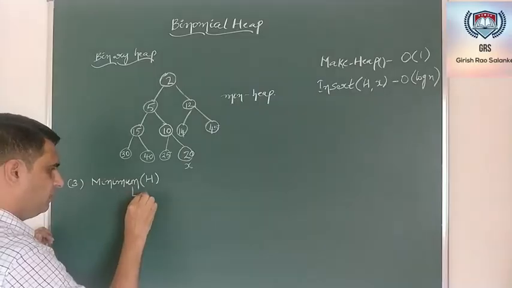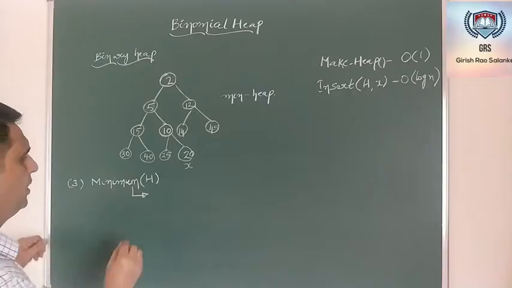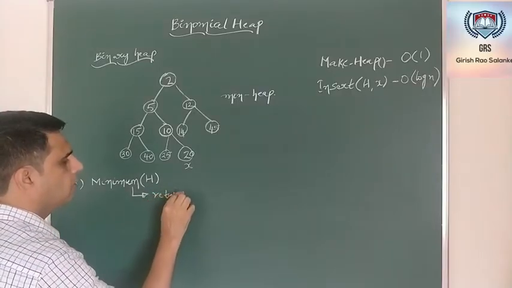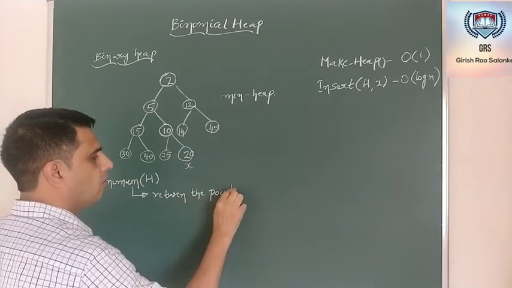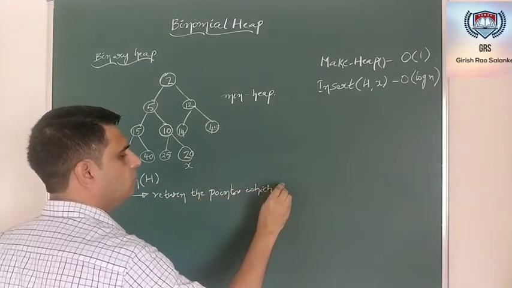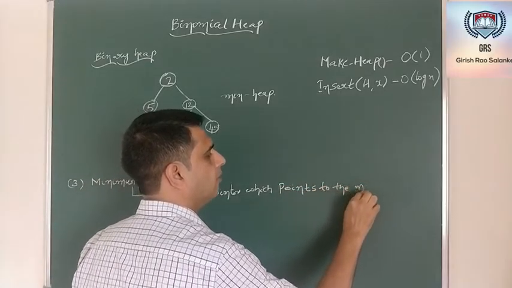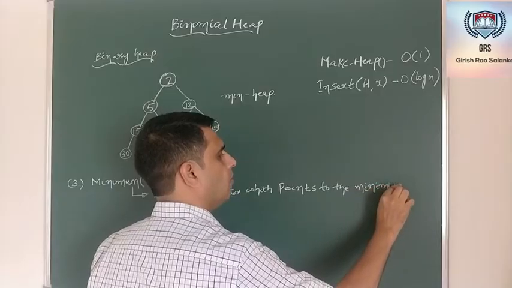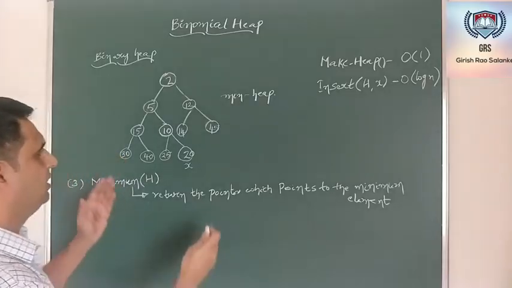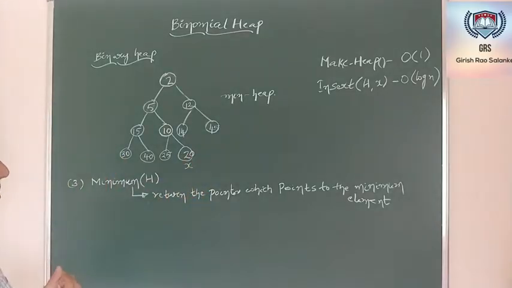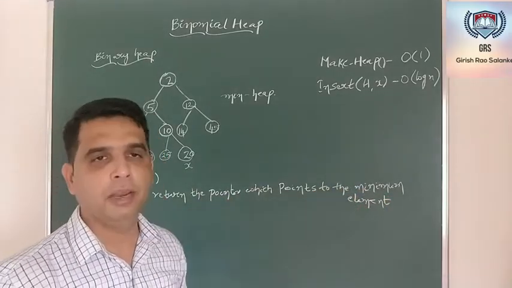The objective of this minimum operation is that it should return the pointer which points to the minimum element. In this particular heap, it should return the address of the node which holds the minimum element.